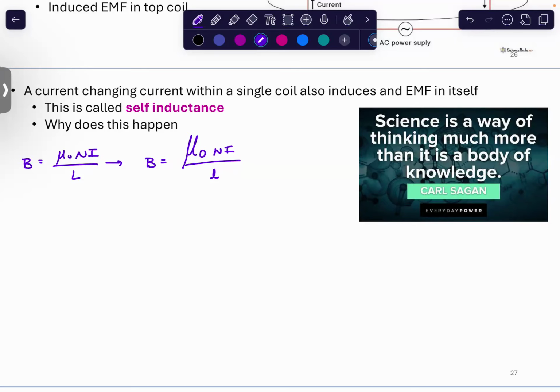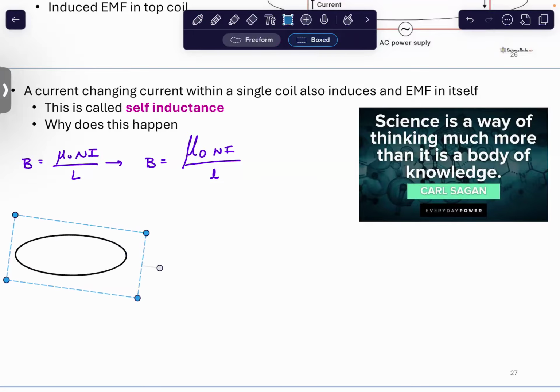Okay. Now we need to remember Faraday's law. So first off, we have our area vector. Current is going that way, which is going to induce a magnetic field.